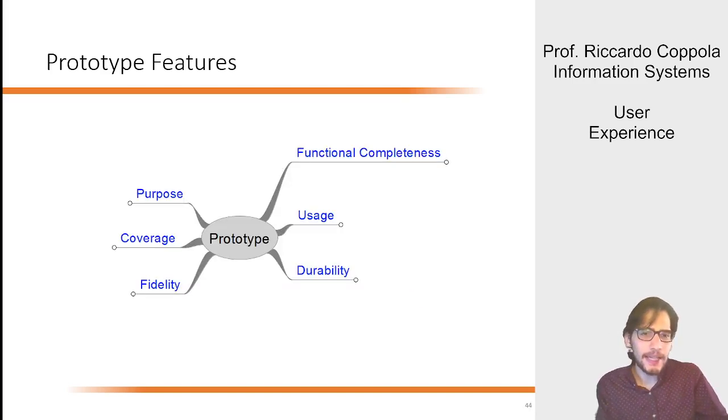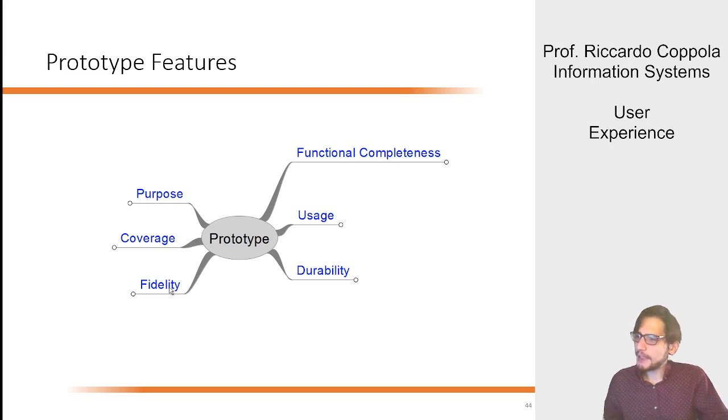There are many features of a prototype, so when I want to talk about a prototype, which again comes after the mockups, it is the final part of the user experience evaluation, I need to evaluate 6 different properties at least. First of all, what is the purpose, what is the objective of the prototype? What is the coverage, so what the prototype covers for the system?